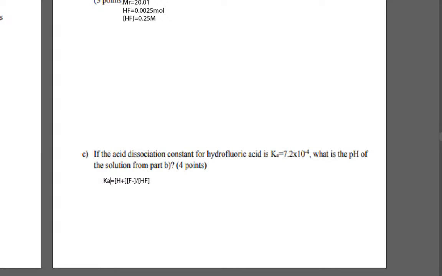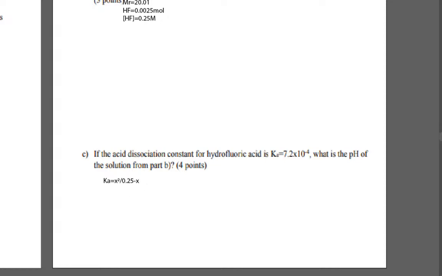And then we know that actually the H plus and the F minus should be the same. So we could just say that it's x squared, because why not? And then for the HF, it's going to be 0.25 minus x.